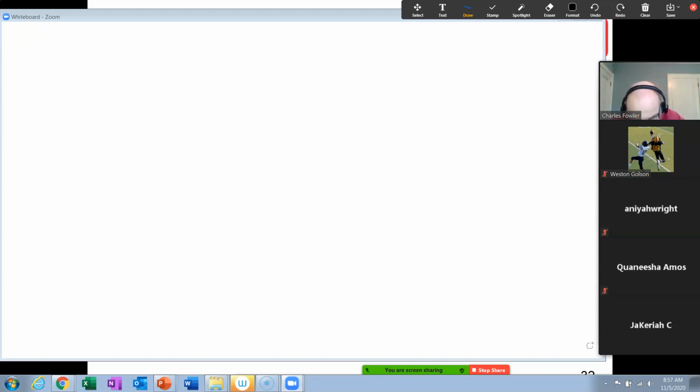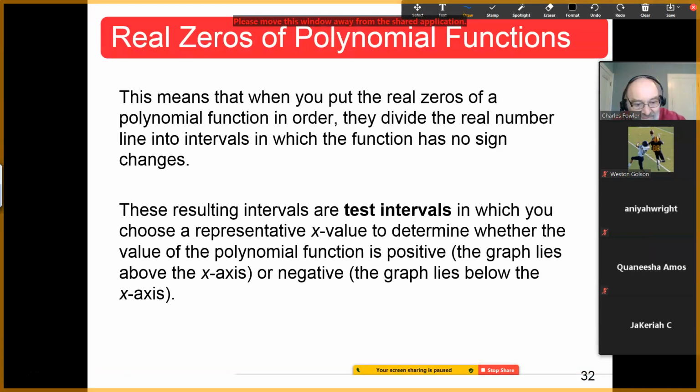Okay, it says sketch the graph of this function.